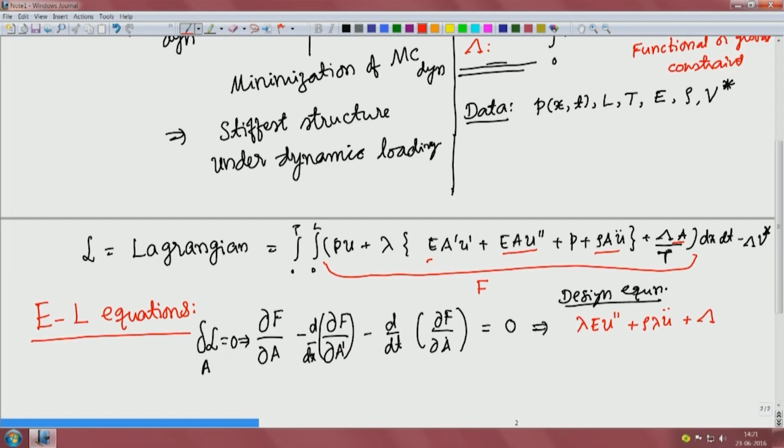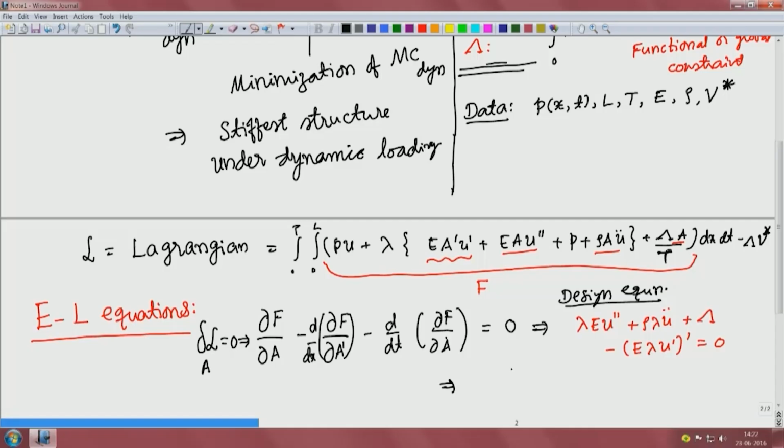So, that will become minus E, a will not be there because we are taking with respect to a prime, E A lambda u prime, prime equal to 0.